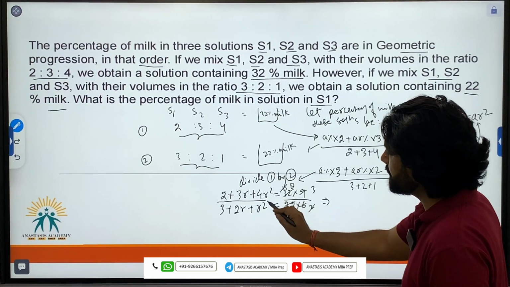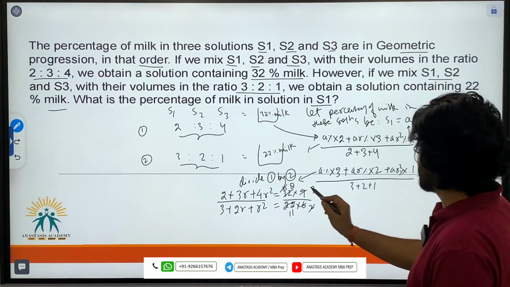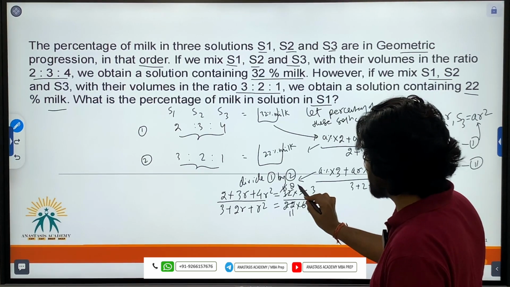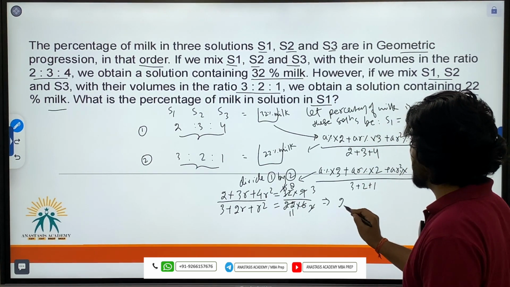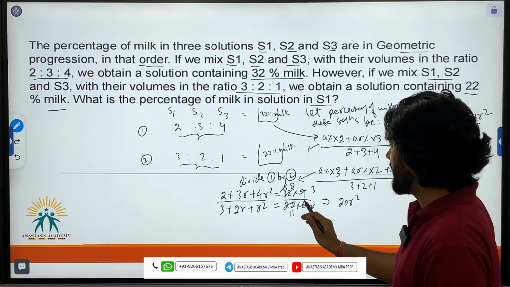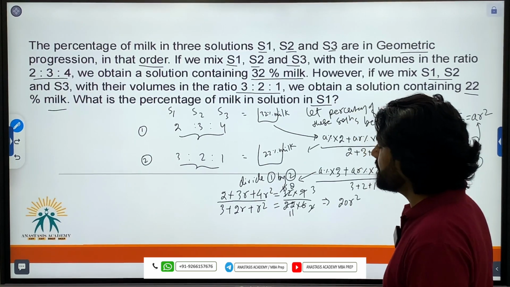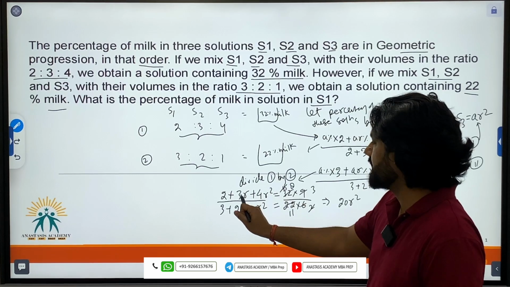So it becomes 44r square, 8r square, and this is 44, this is 24 here, so I get 20r square. Second, this is 33r and 24r, 48r, 33r.